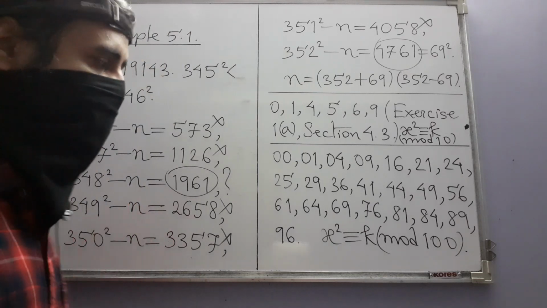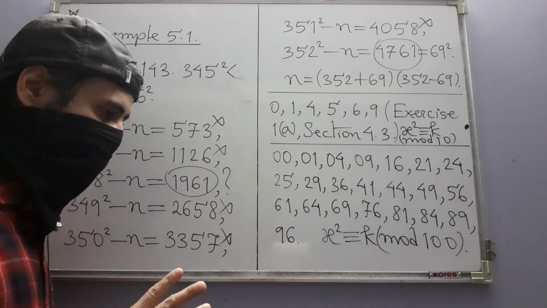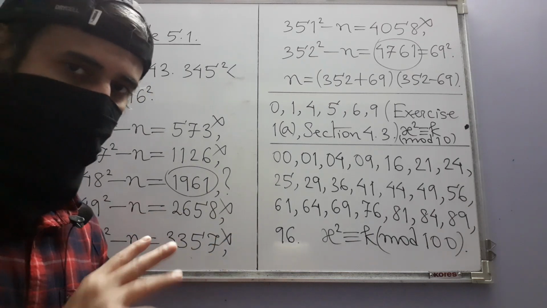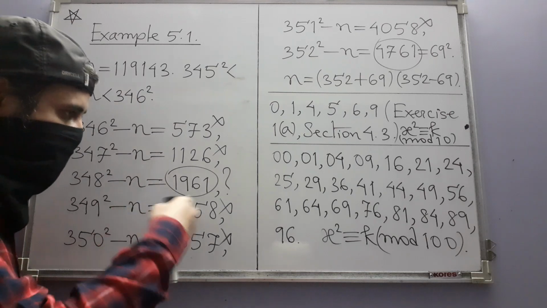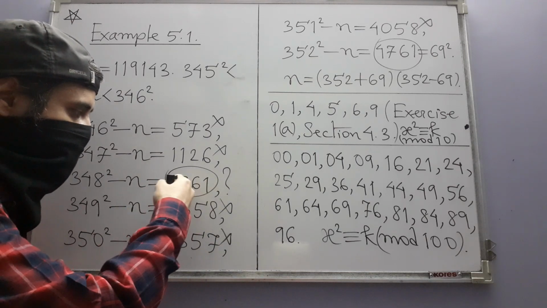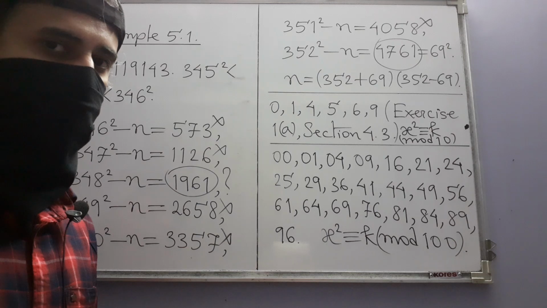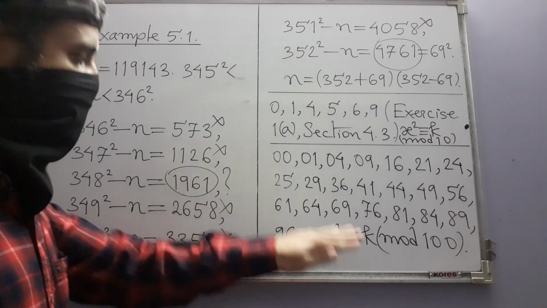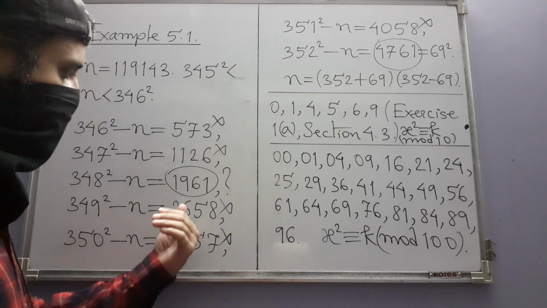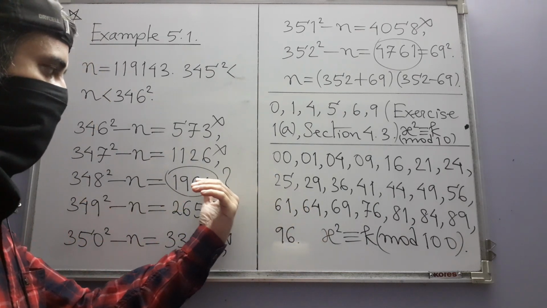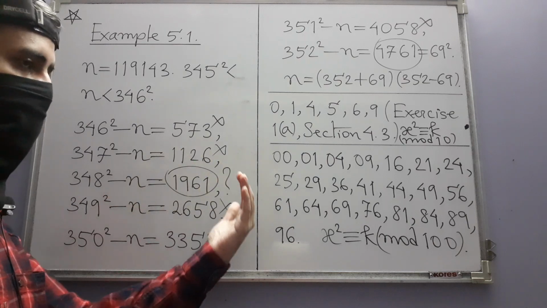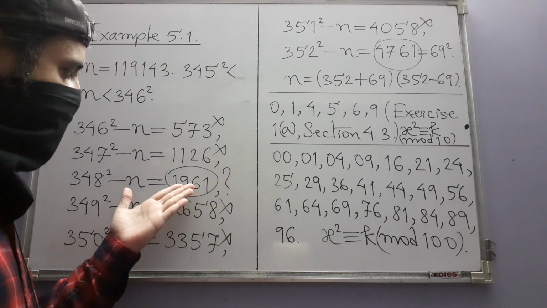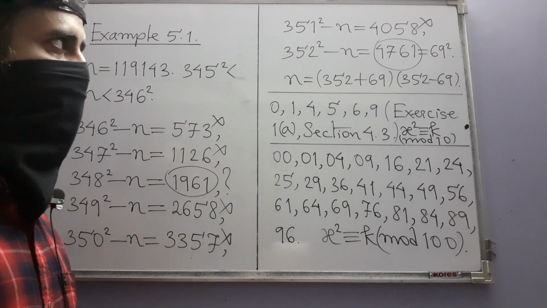And note that this method does not involve finding square roots of the given number and seeing whether it's an integer. No. You just have to square some numbers and see if it is equal to this. And you will very soon either exceed the given number if you come from below, or if you come from above, you will cross the given number and go to that other side without being equal to the given number. So that happens for this number, and that's why it's not a square.